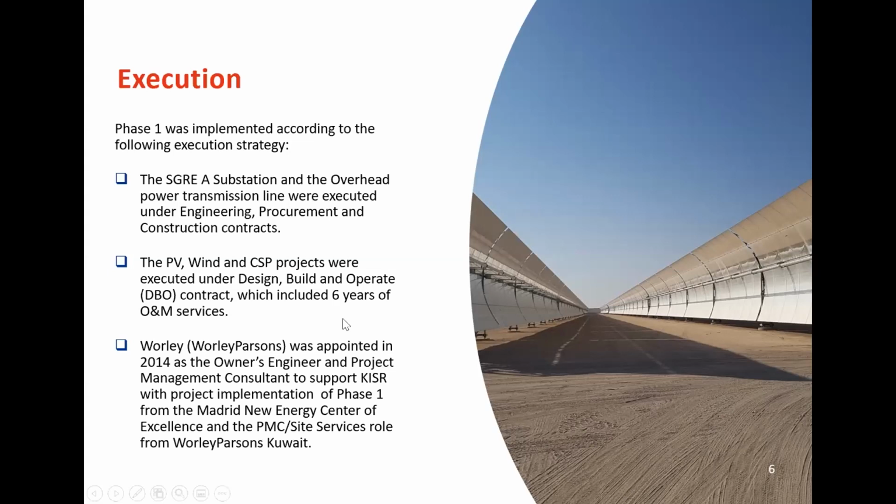And the PV, the wind, and the CSP projects were executed under DBO contracts. So these design, build, and operate contracts included the EPC, so the construction of these plants, plus 6 years of operation and maintenance. So this was a way for Kaiser to manage the project and make sure that there was a smooth transition between the execution and the operation and maintenance stage.